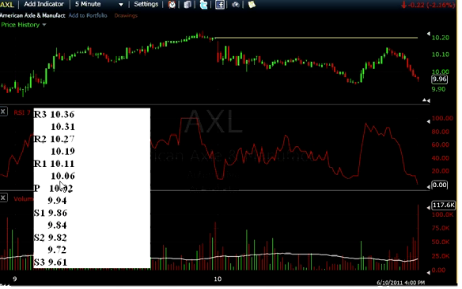And then based on the pivot point calculation, there's a couple of them out there. The one that I like is the one that John Carter uses. So in that calculation, we come up with a pivot point of $10.02 here. So what does this mean? It means that probably Axel will be trading in this range here, the 10.27 to the 9.82. That will probably be the low.